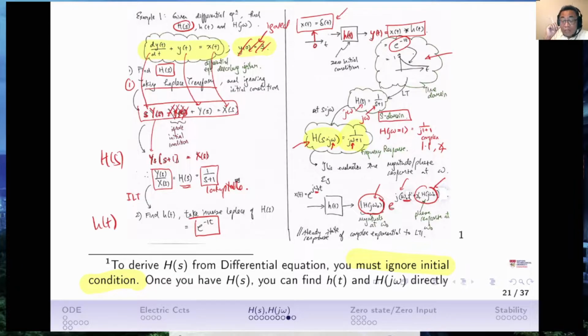I have calculated y(t) using H(jω). And when we do that, this output is called the steady state response. In the next slide, I will show you that the steady state response is only part of the answer. There's something called the transient response.